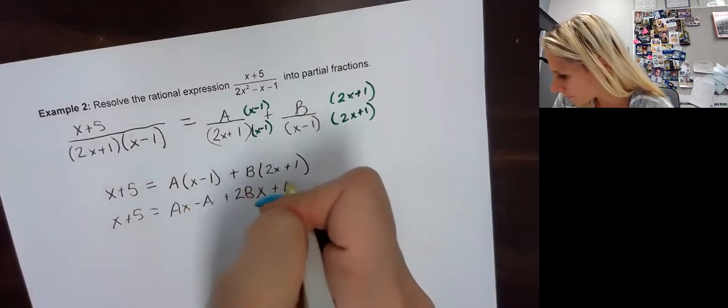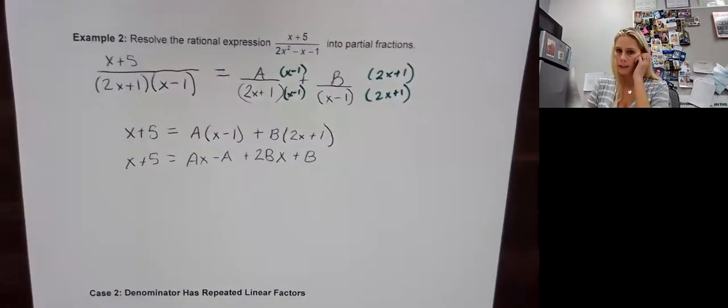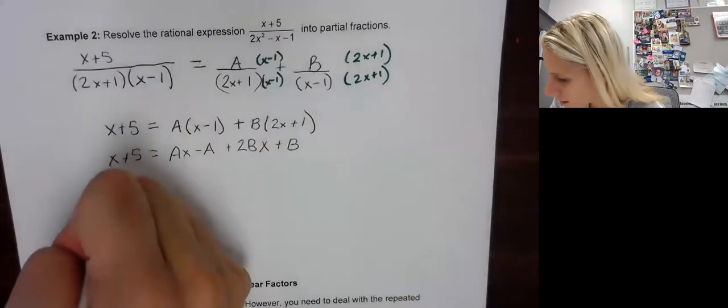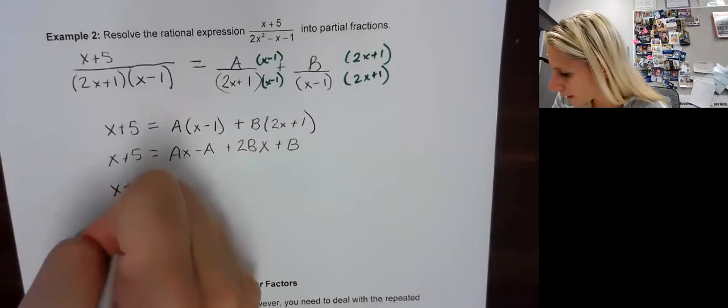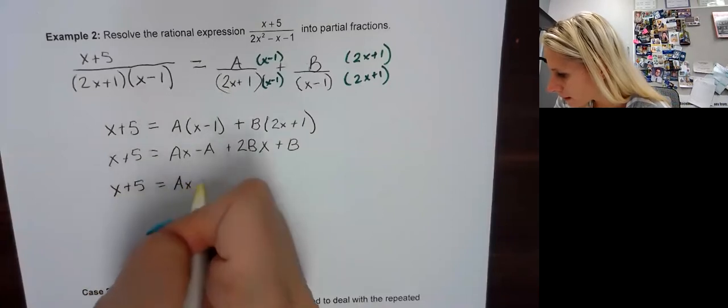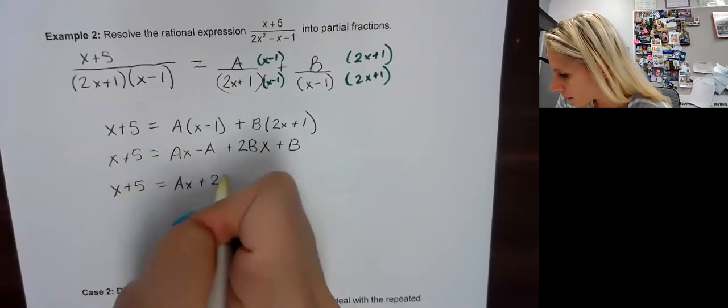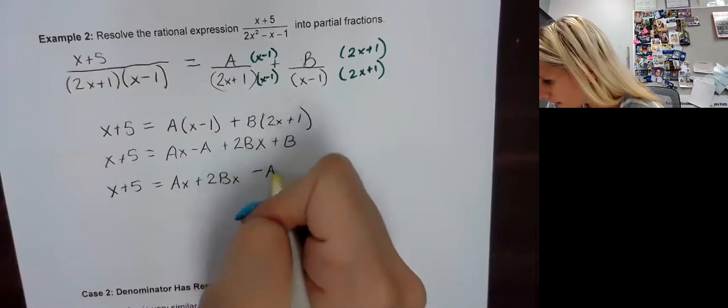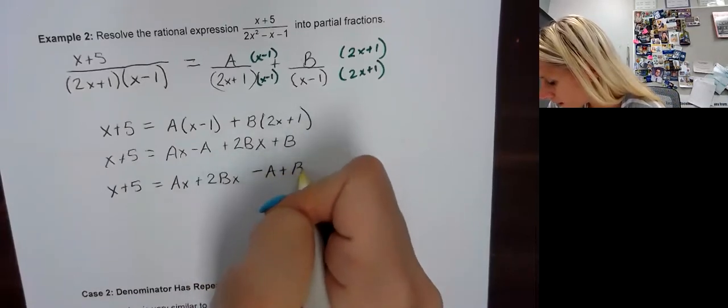plus b. Remember what we did next? We put our x's together and our constants together. So x plus 5 equals ax plus 2bx minus a plus b.